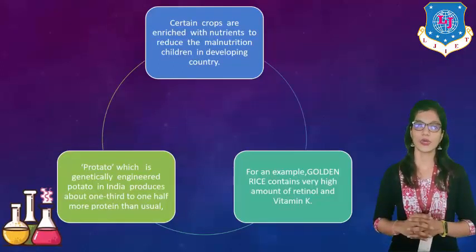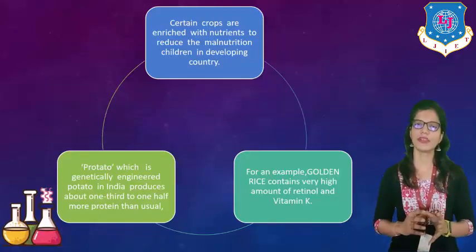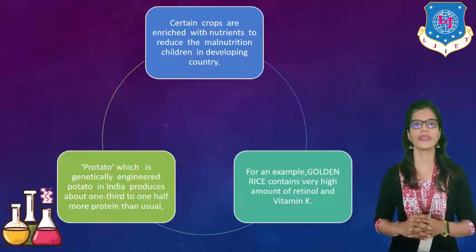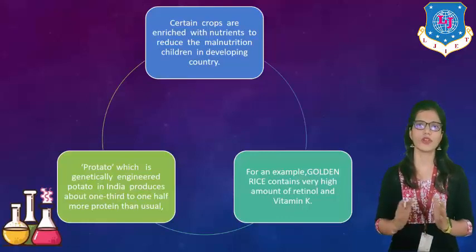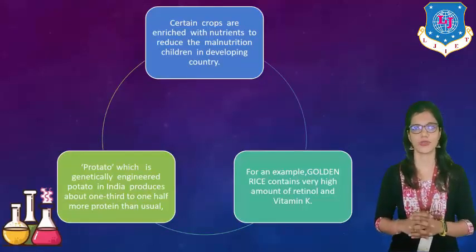Let's see another one. Certain crops are enriched with nutrients to reduce the malnutrition of children in developing countries. We all know that we are a developing nation, and many of our children face malnutrition.